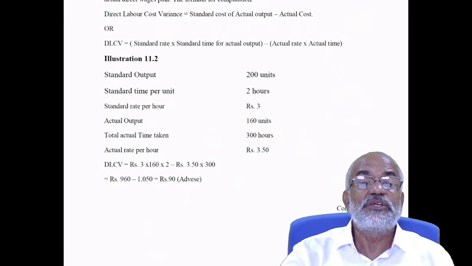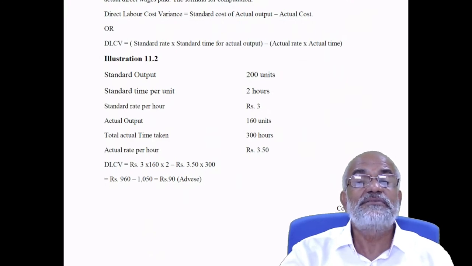In this juncture, when you are asked to compute the direct labor cost variance, it is standard rate into standard time for actual output. Standard rate per hour is 3, and 160 is the actual output. So 3 into 160 into 2 minus 350 into 300.